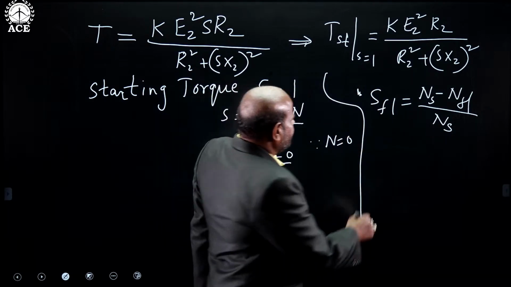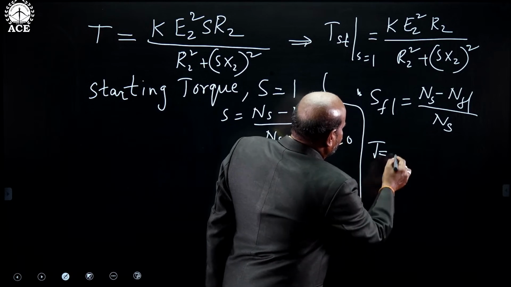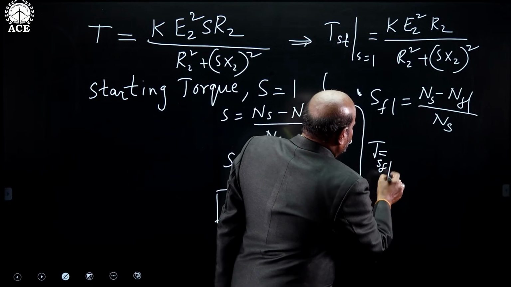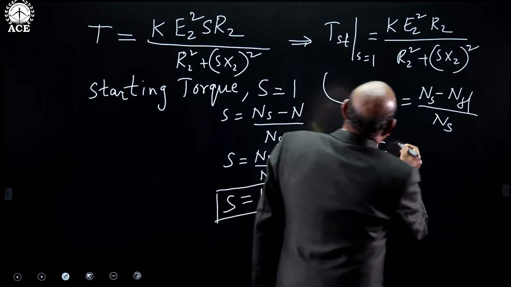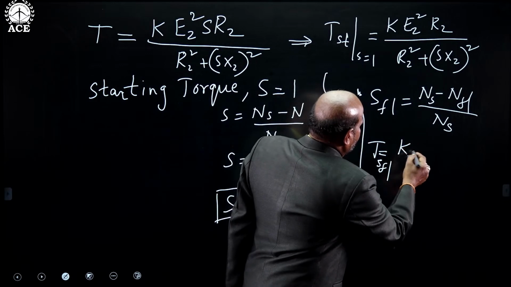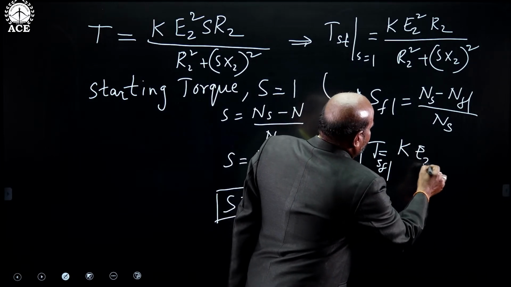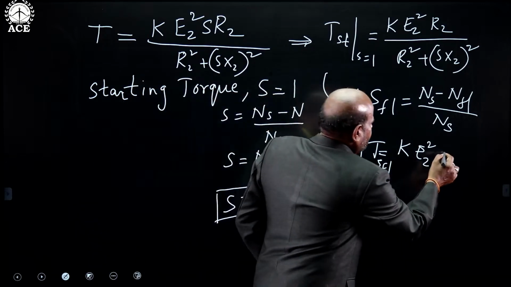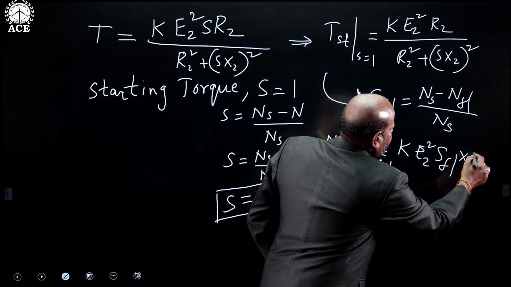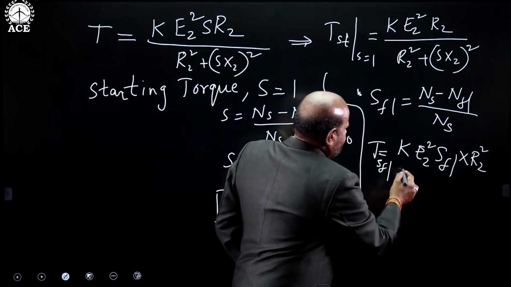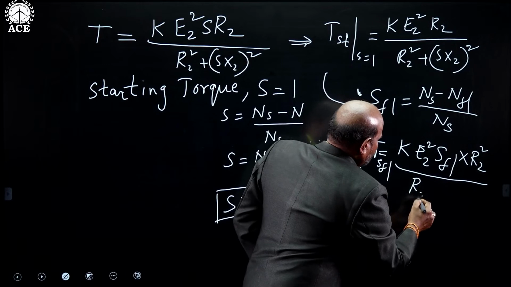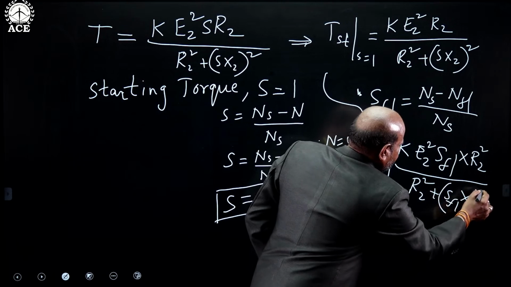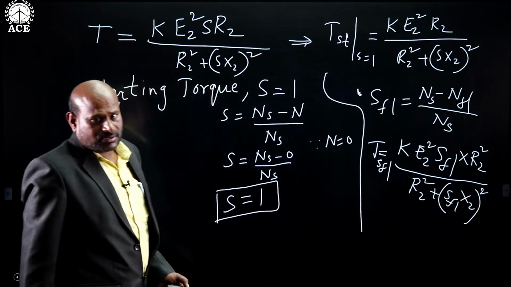When the slip is substituted at full load, then the torque expression will be torque T at full load is equal to K into E2 square. In place of slip, we have to substitute full load slip. S FL into R2 divided by R2 square plus (S FL X2) whole square. This is the formula for full load torque.